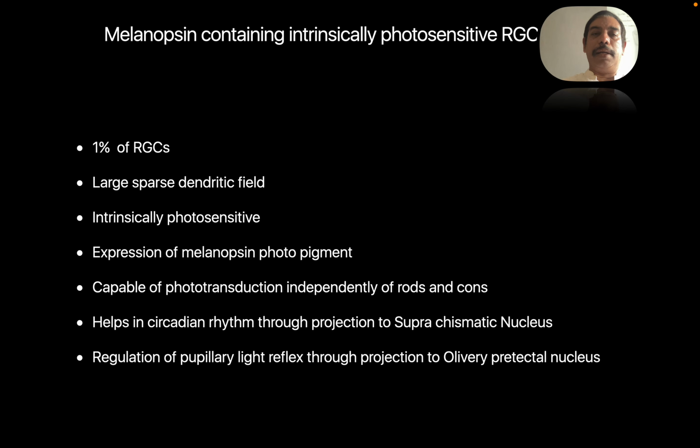The melanopsin containing intrinsically photosensitive retinal ganglion cells represent 1% of the retinal ganglion cells. They have a large sparse dendritic field and are intrinsically photosensitive. These cells are capable of phototransduction independently of rods and cones.